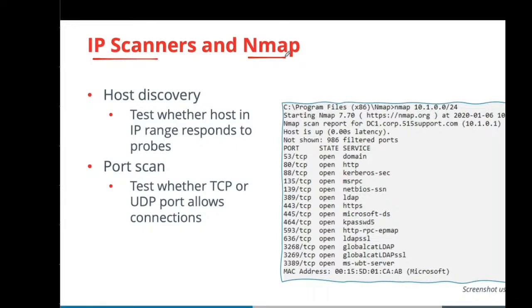So Nmap is there. It basically utilizes SNMP mostly when it comes to Microsoft systems, the Simple Network Management Protocol. Nmap is one of the most popular open source IP scanners.